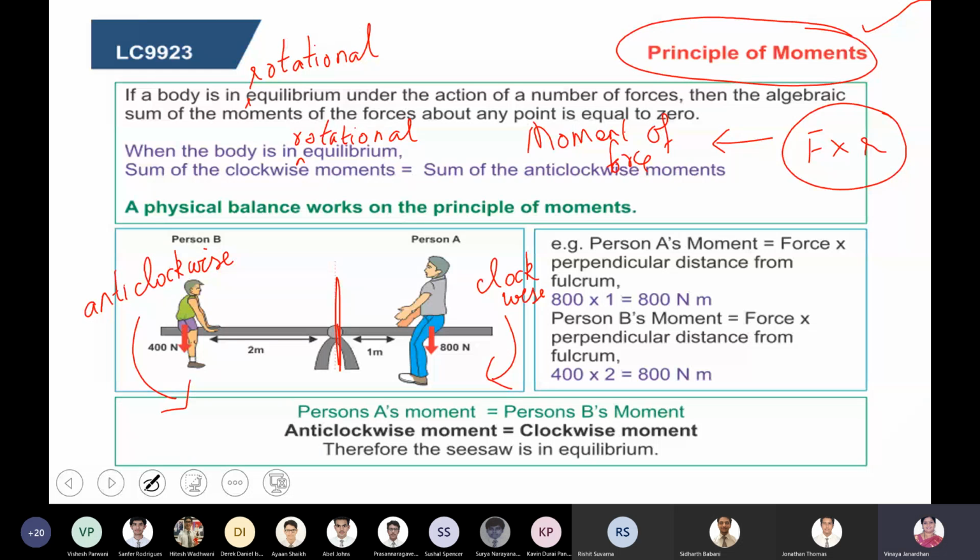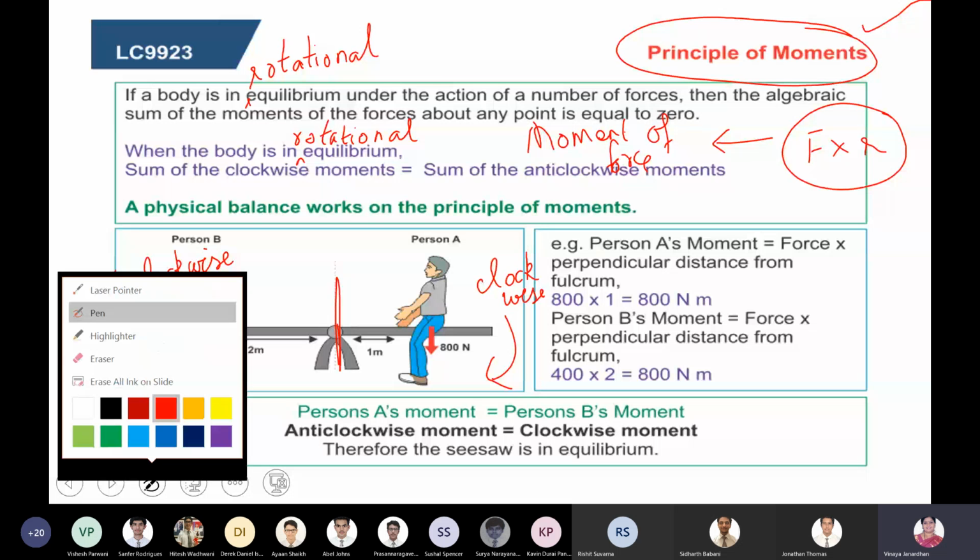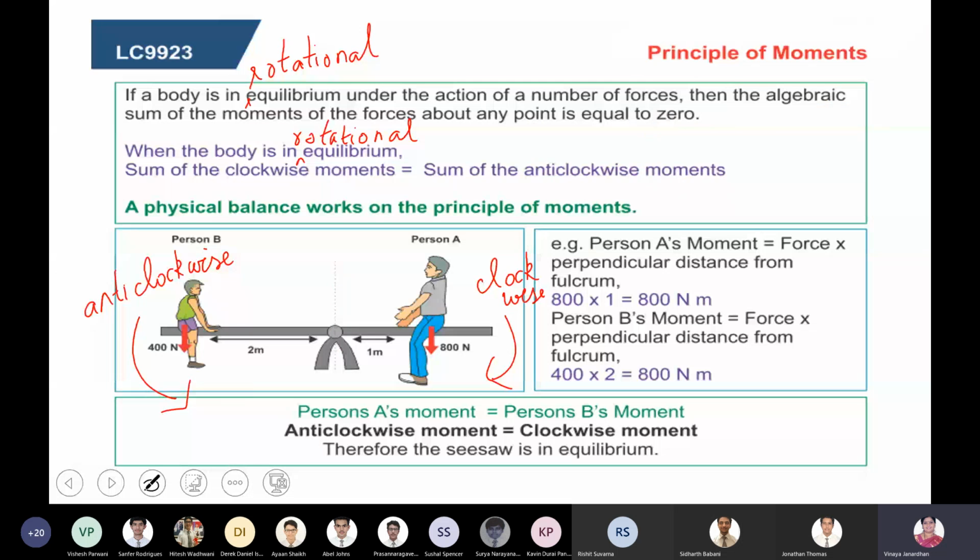If a body is in rotational equilibrium under the action of a number of forces, then the algebraic sum of the moments of the forces. What is the moment of the force? Moment of the force is equal to force into the perpendicular distance.